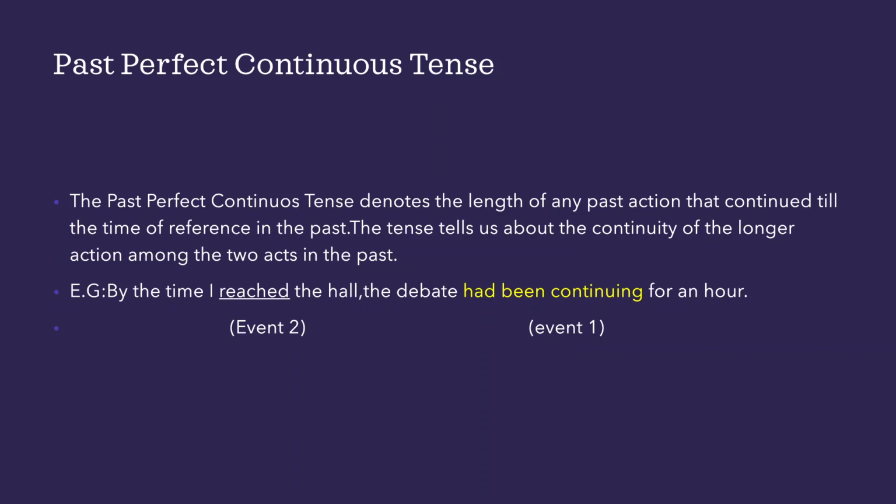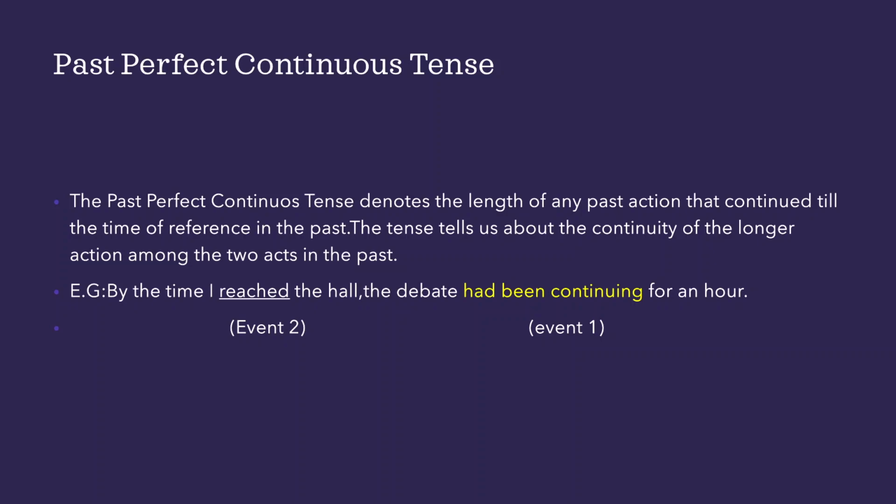So the past perfect continuous tense here, that means event 1, is used to particularly denote the continuity of event 1. That is the debate prior to event 2. That means I reached in the past.